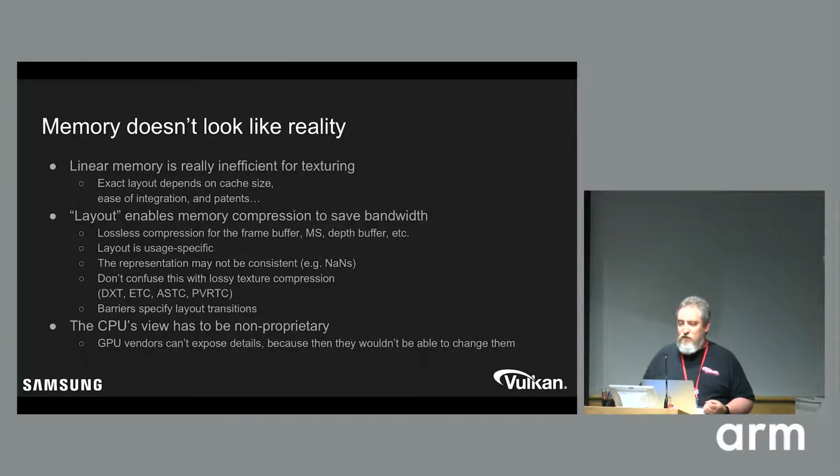And the GPU vendors generally can't expose all of their dirty laundry on how this stuff is laid out, because then they wouldn't be able to update their designs very easily. Desktop guys do have some layouts that are standardized, but that's not currently the case in mobile. So if you're going to access stuff from the CPU side, you still need a standard, simple layout, but that's not an efficient thing for the GPU to be using most of the time. So you need to handle transitions between them.